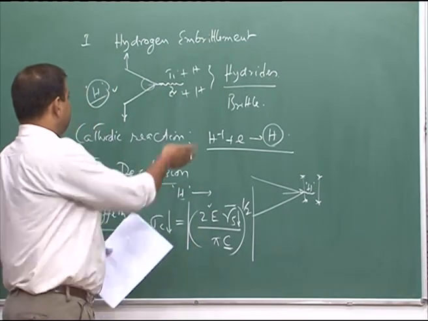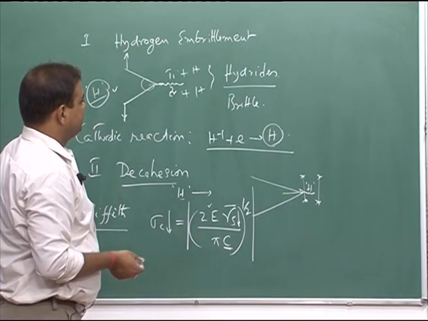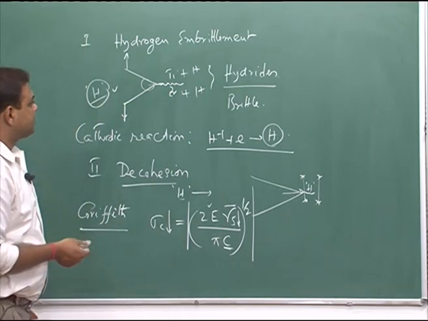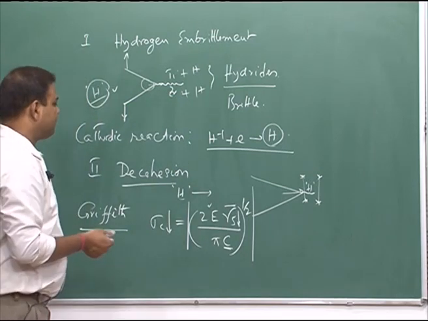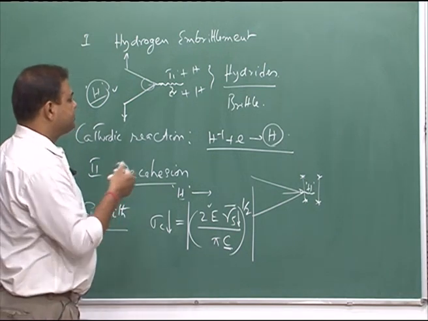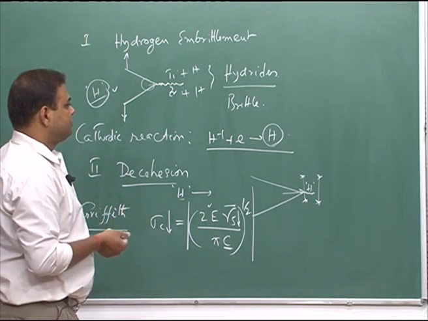Now, this hydrogen induced cracking phenomenon can be stopped if we can take care of those hydride forming elements, or somehow reduce the hydrogen formation, or introduce inhibitors which will take care of this atomic hydrogen.